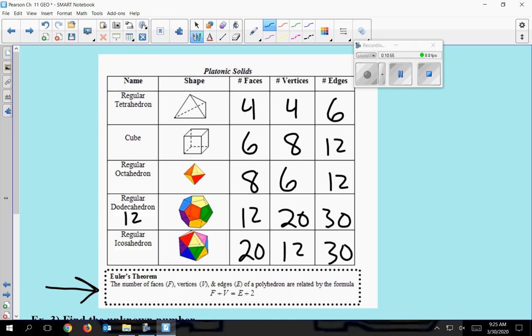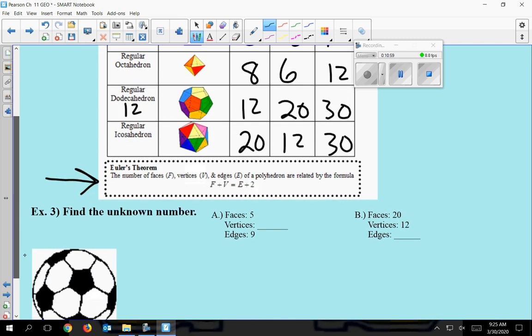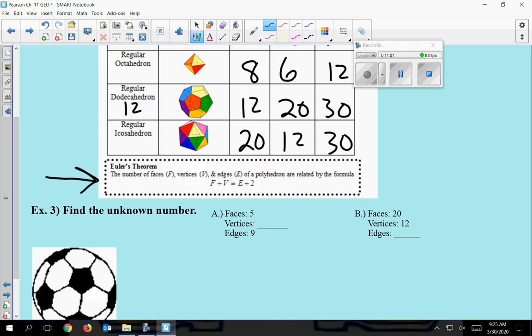Okay. So using Euler's theorem, the number of faces plus the number of vertices equals the number of edges plus 2. We're going to give you these examples A and B here. I'm just going to take these values and plug them in. This 2 is a constant. It deals with the relationship between the number of edges adding up with vertices.